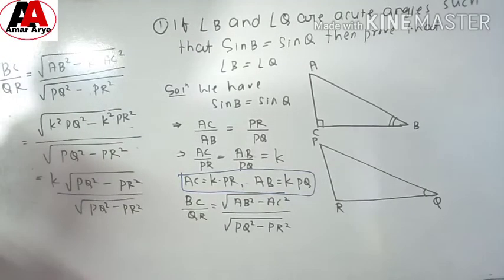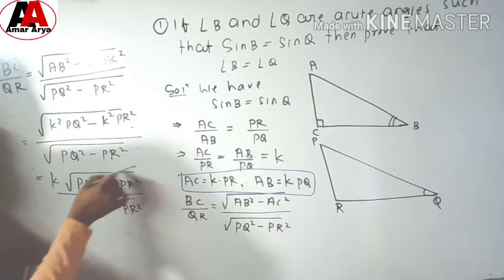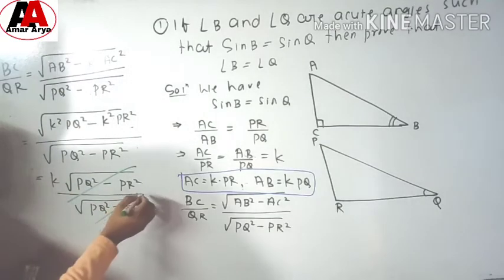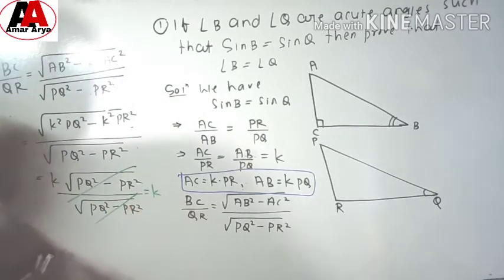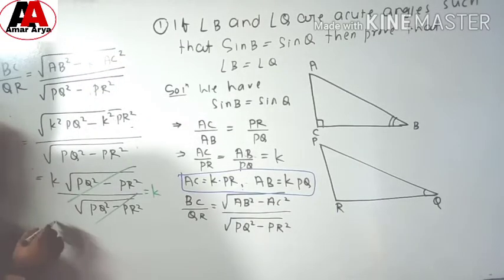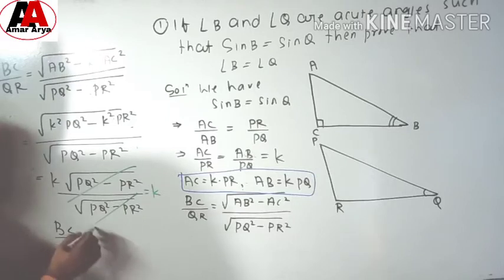So it will cancel, and we will get K. So BC by QR equals K.